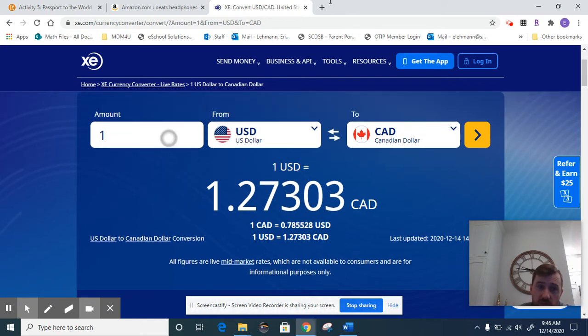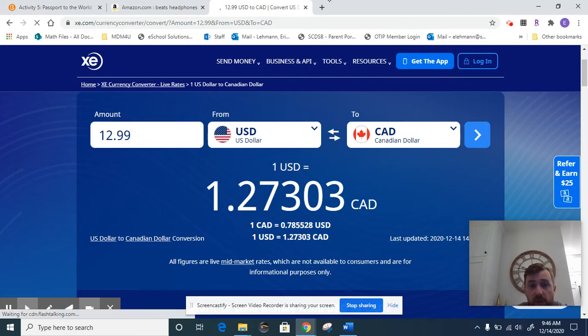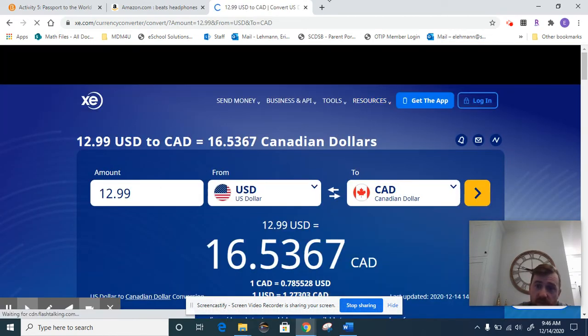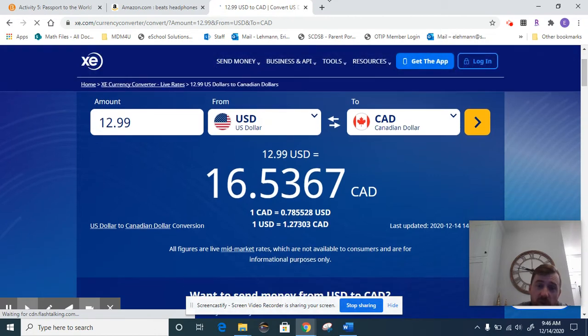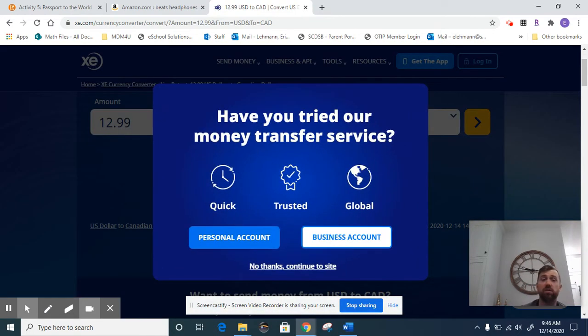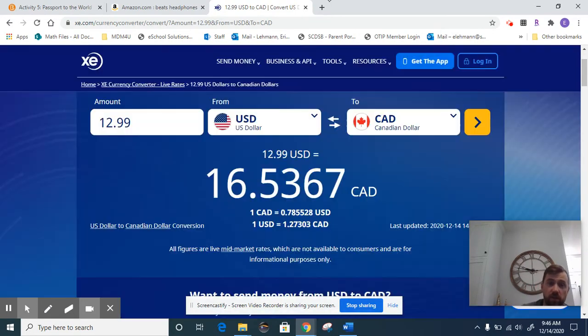It's kind of unclear. But if you put $12.99 in here, it will show you how much it would be in Canadian dollars. You just have to hit this little arrow. So it's important that you understand the actual cost of something that's coming in. It's also annoying to get pop-ups, but hey, xe.com is pretty good, and it shows you the actual calculation.